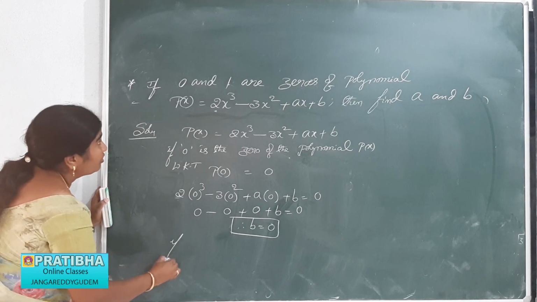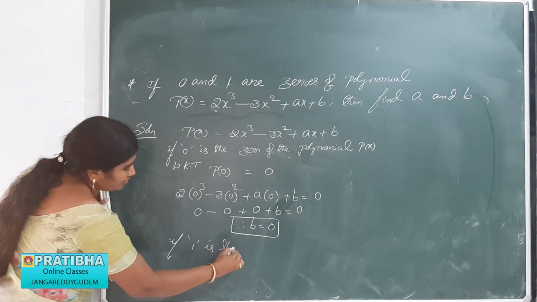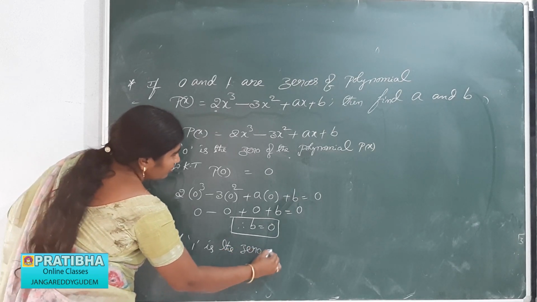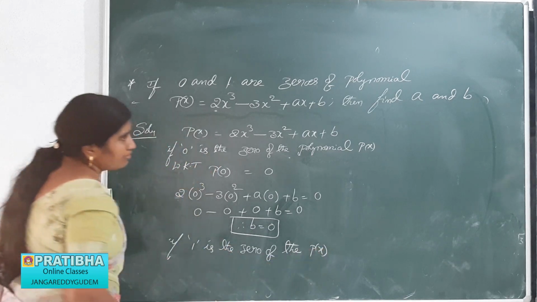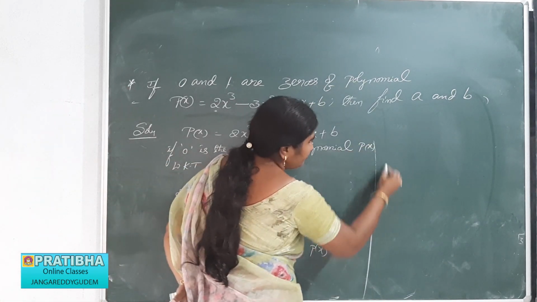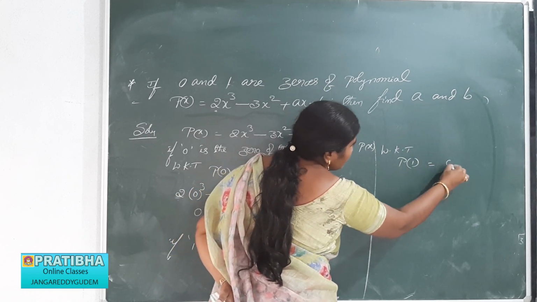Next, if 1 is the 0 of the p of x, we know that p of 1 equal to 0.